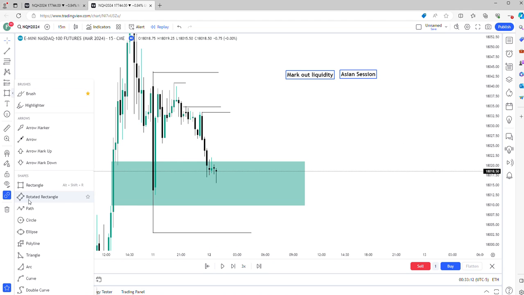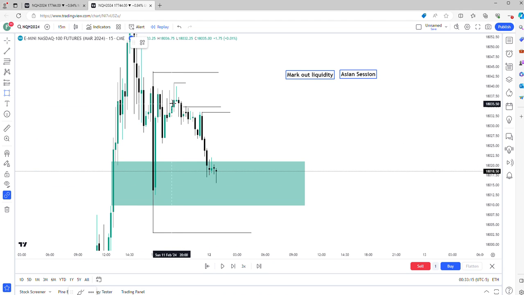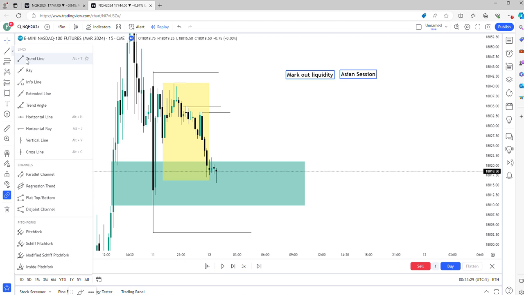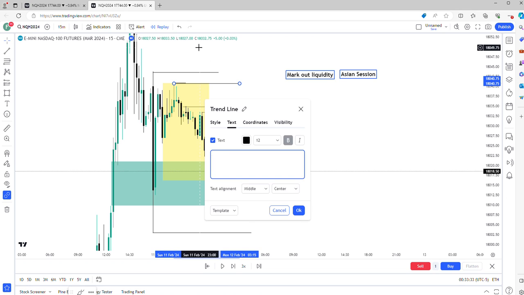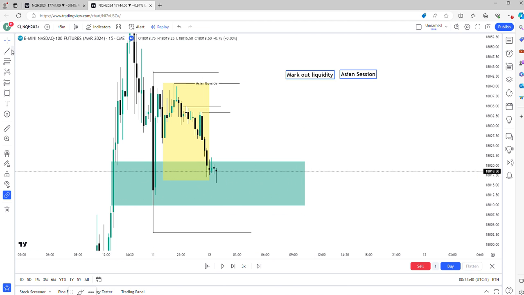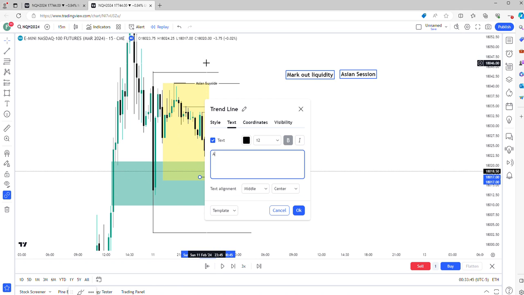So if I just grab a box and I look for where 7 o'clock is, which is roughly here, all the way to 12 o'clock, which is this one here, I'm marking out essentially the high point and the low point in this yellow box, right? So then essentially, this here is my Asian buy side liquidity. And you can mark it out like this. You can say Asian buy side. And this here, this swing low, right, is your Asian sell side. And I might just mark that out with an A and an S, right?